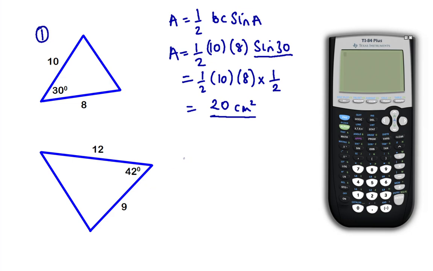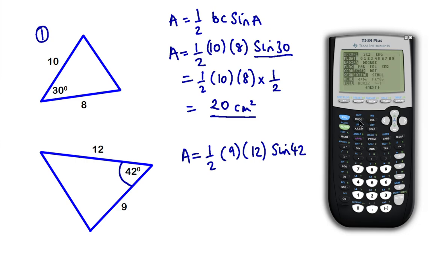Okay, let's have a look at the one on the bottom. So again, we have the correct situation where we have an angle and the lengths either side of that angle. So this is always the case we need. So all we do is just use the formula. So half 9 times 12 sine 42. Okay, so let's just work that out.